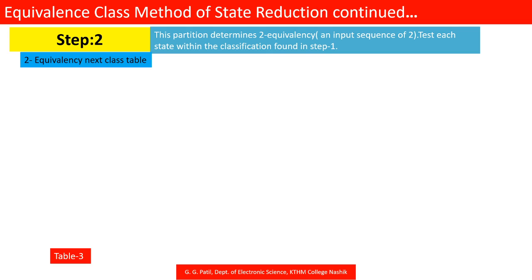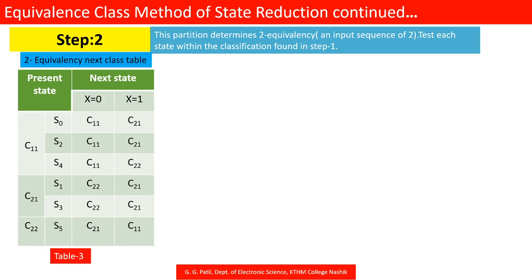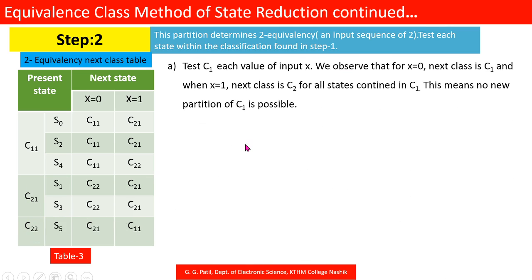Now step 2, two equivalency next class table. This partition determines two equivalency, testing each state within the classification found in step one. As we discussed, since this state is different, we have partitioned them like this.